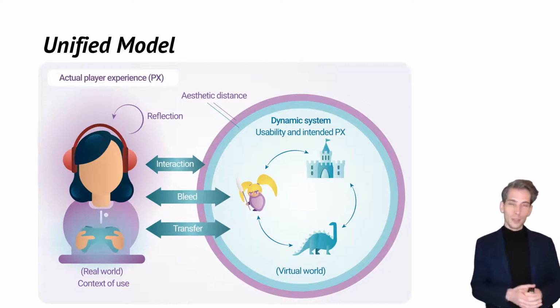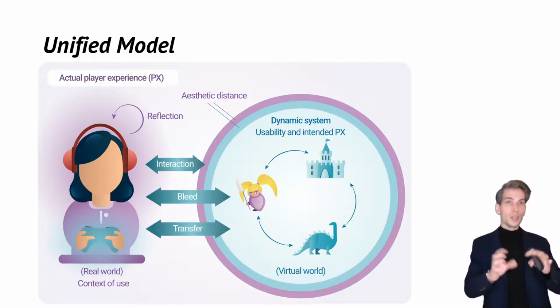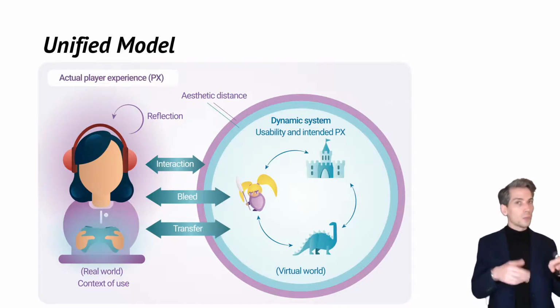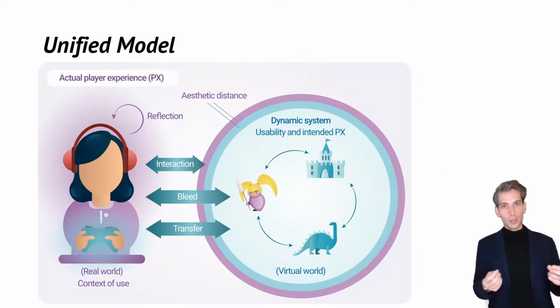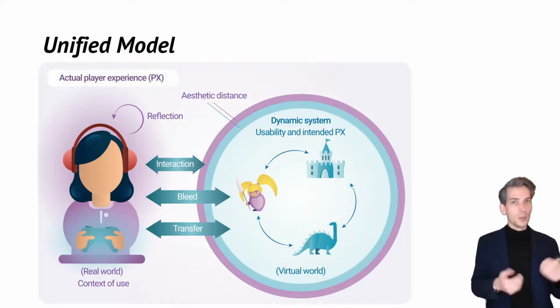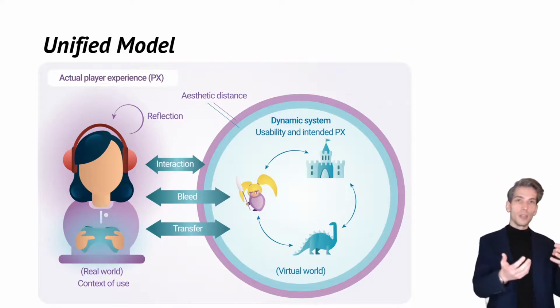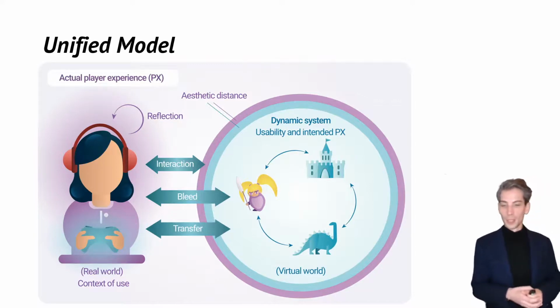On the one hand, the player experience is based on the interactions that a player has with this virtual world. And as a result, these interactions can also trigger reflective thinking, where there is a deeper processing of the information that is observed in this virtual world.